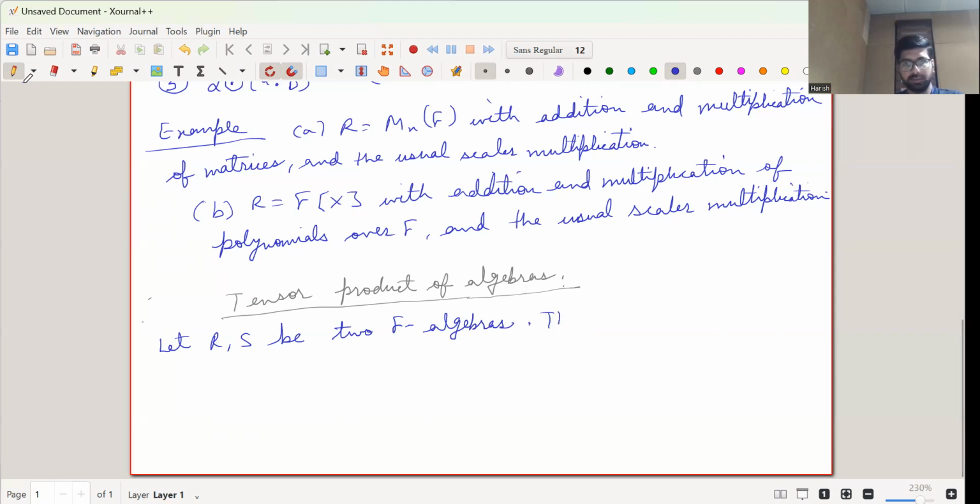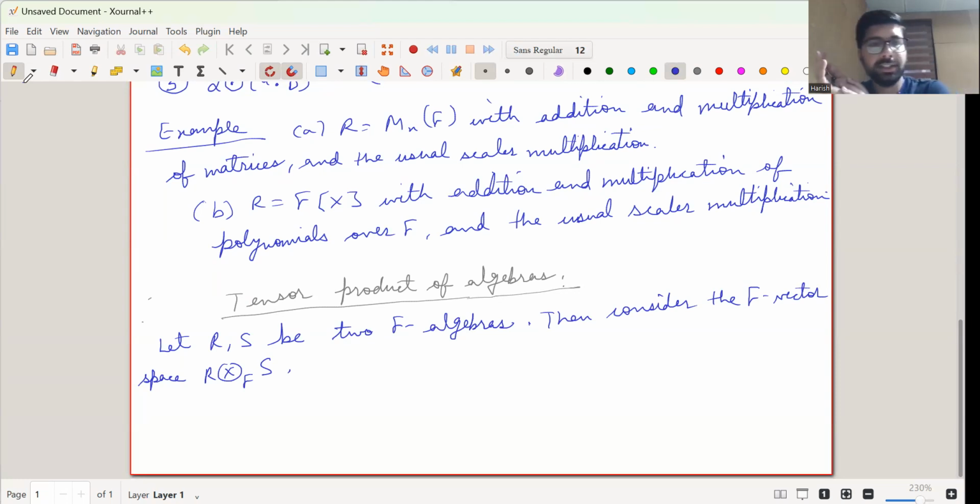Then one can consider the F vector space R tensor S. So you have two F algebras R and S. That means they have an underlying vector space structure and a ring structure.